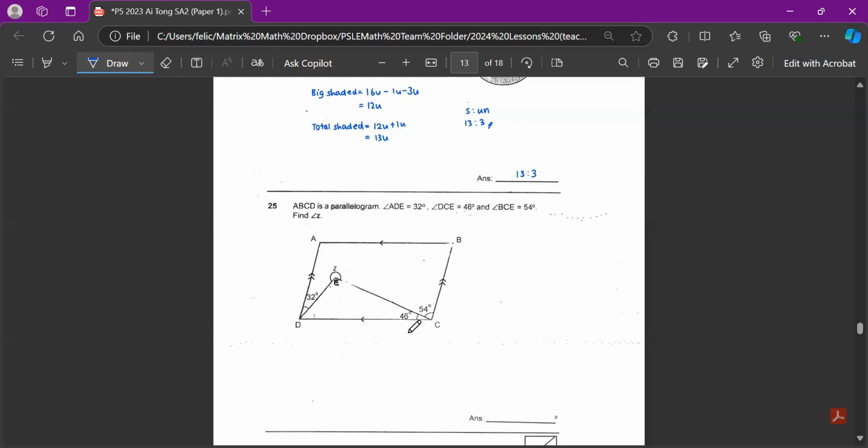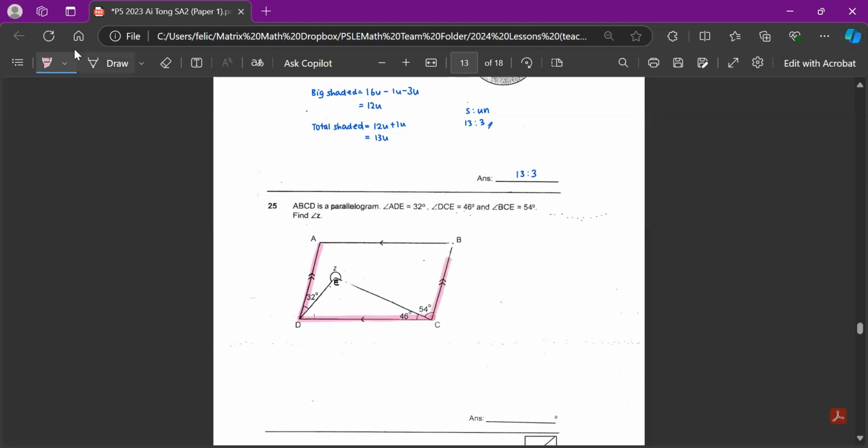Notice that these two angles are already provided, which is a corner of the parallelogram. Now, remember for a parallelogram, you have parallel lines. The good thing about parallel lines is you can use the U-shape property, the F-shape property, the Z-shape property. For this case, the U-shape property is very helpful. So I'm going to highlight the U-shape out. You should highlight too so that you know what I'm talking about. Can you see that?